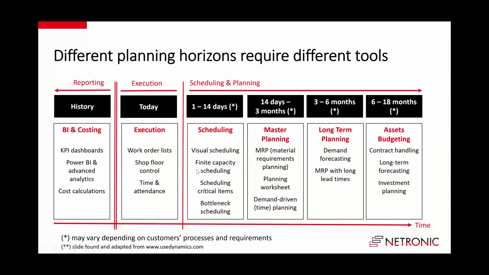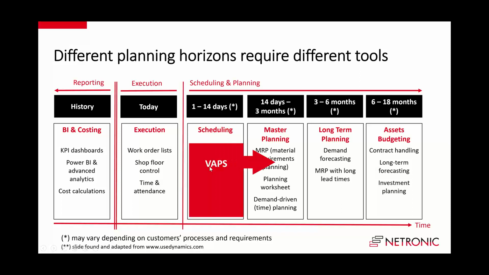But we look at the Visual Advanced Production Scheduler, the VAPS, and what we're actually doing with the current release is we try to make the VAPS, so the finite capacity scheduling, aware of the fact that there is also a planning worksheet, and that there is a master planning that may reach beyond the time that the VAPS looks at.